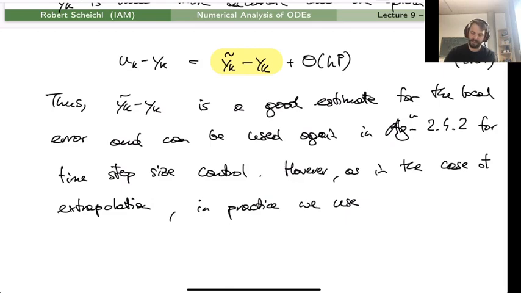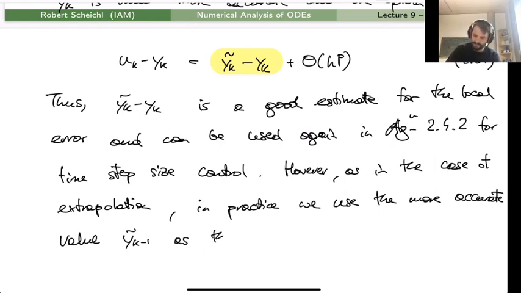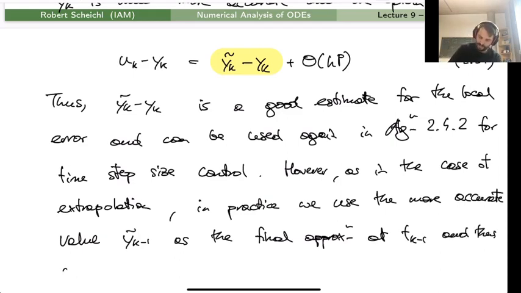We use the more accurate value yk minus 1 tilde as the final approximation at tk minus 1, and thus also as the initial value for the next time step.